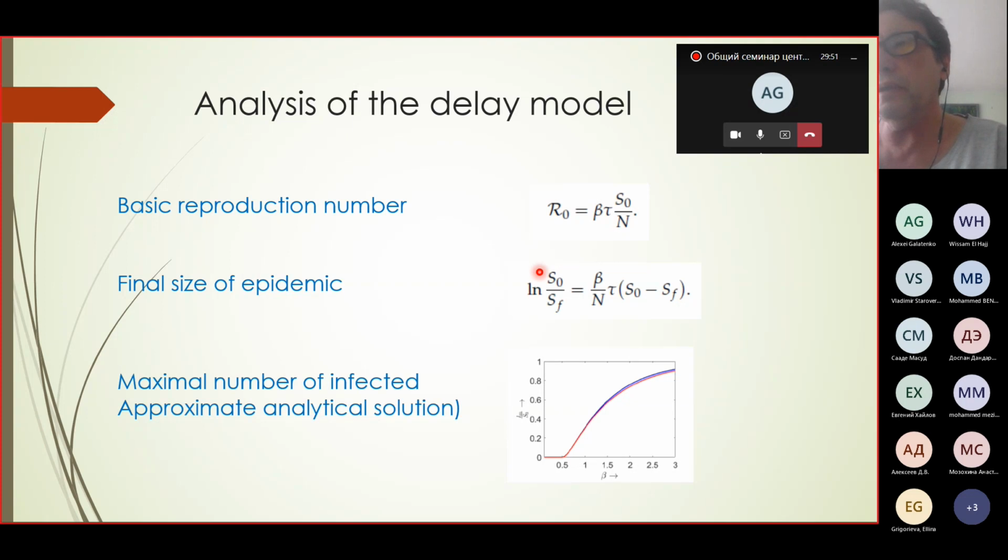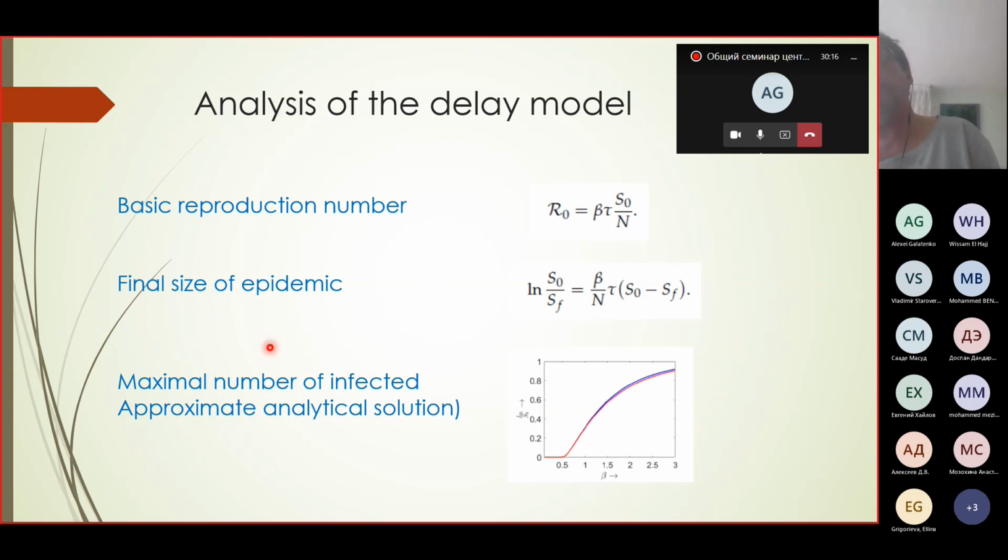To calculate the final number of S, we obtain exactly the same equation as for the SIR model. In fact, it's R0 here. So the equation is the same, but the value of R0 can be different.